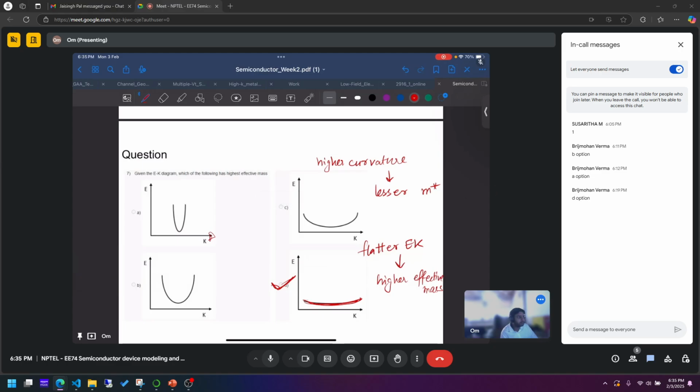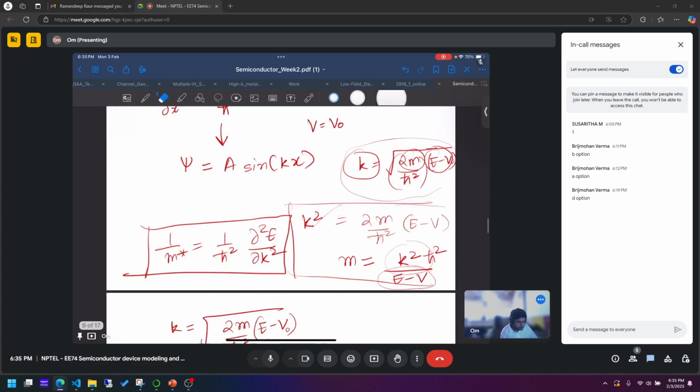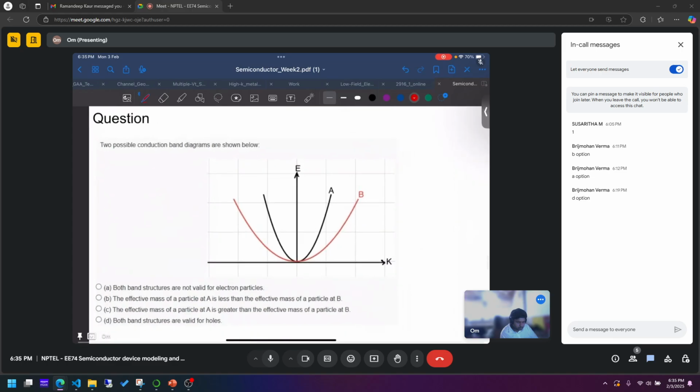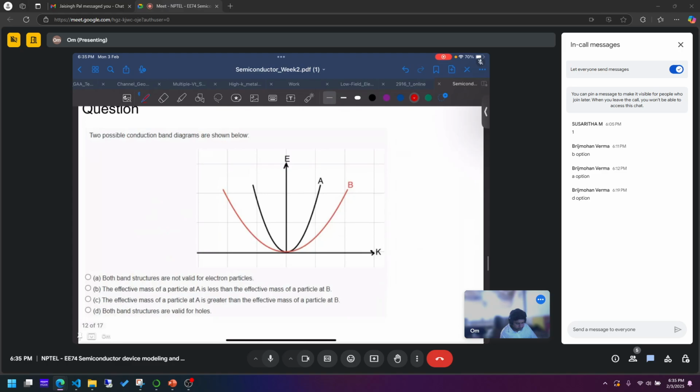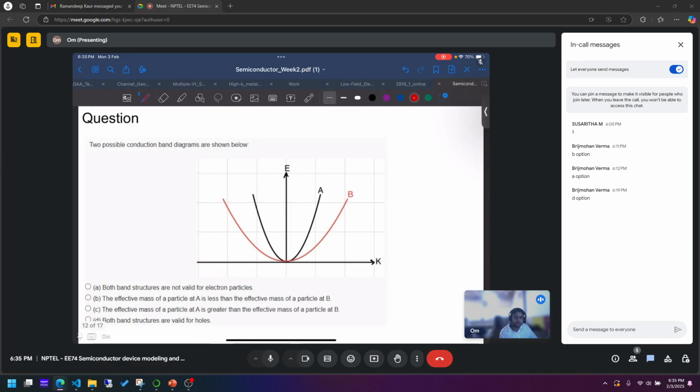Okay, I'm assuming there's no doubt in this, then I'll move ahead. Fine. So based on the previous question's insights, can you answer this one?